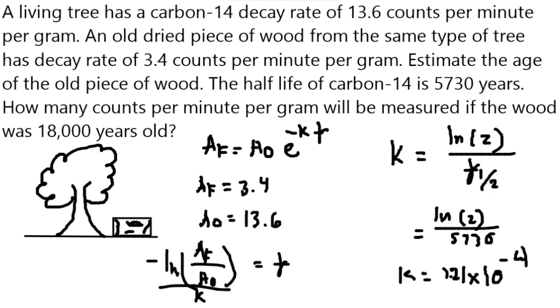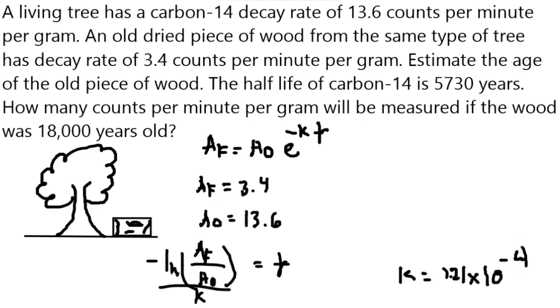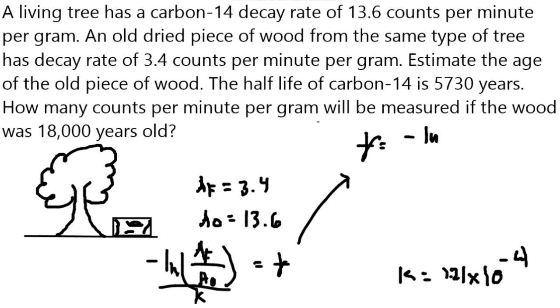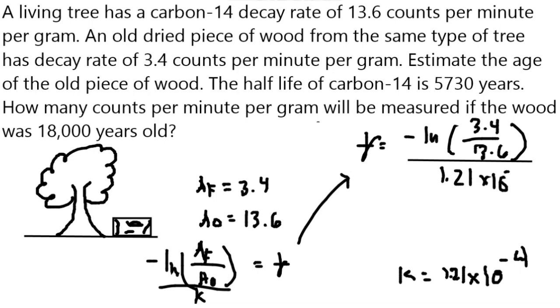This is going to be negative ln of A sub f divided by A sub 0, divided by k. Let's plug in what we know. This is going to be the age of the old piece of wood. So it's going to be negative natural log of 3.4 divided by 13.6, and we have a constant here, 1.21 times 10 raised to the negative 4.